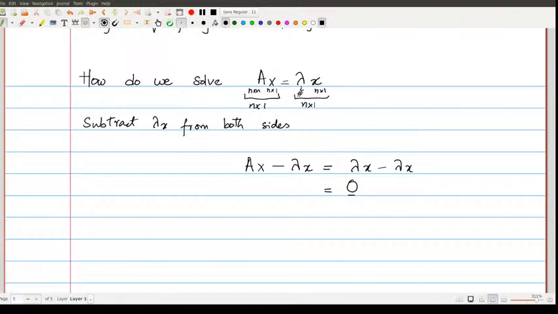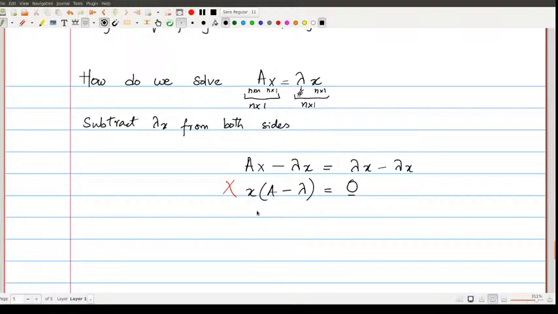So usually what we do in algebra, when we have such a situation, is we take something common. So maybe in algebra we can write x times (A minus lambda), right? But this equation doesn't really make sense, and this is the wrong step to do, and it's important for you to understand why this was not the right way to proceed.